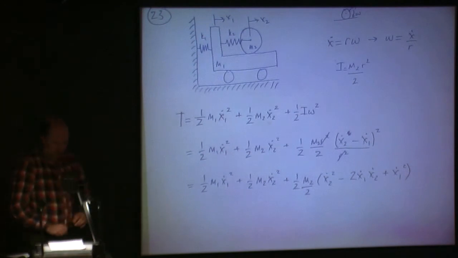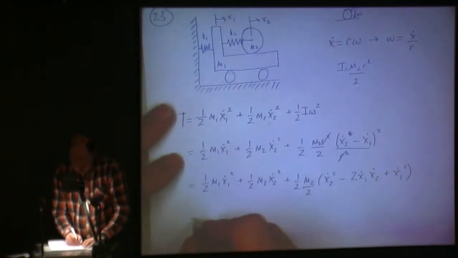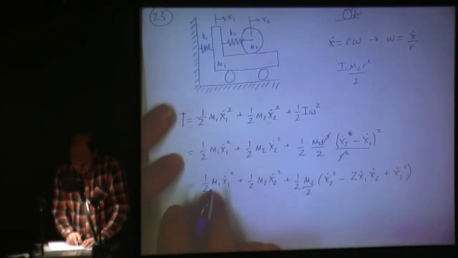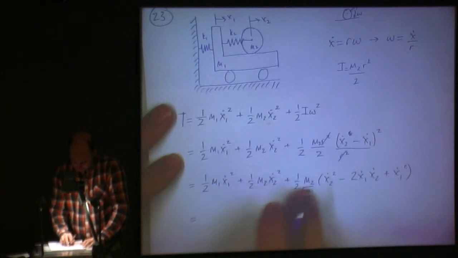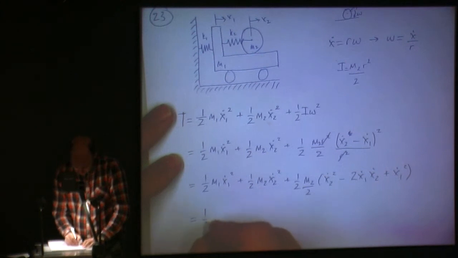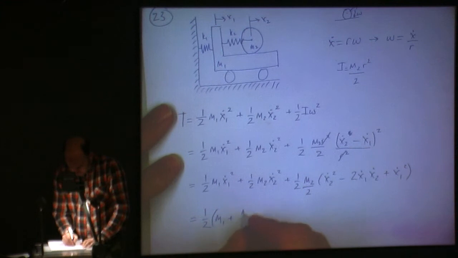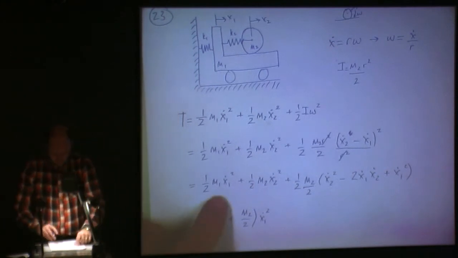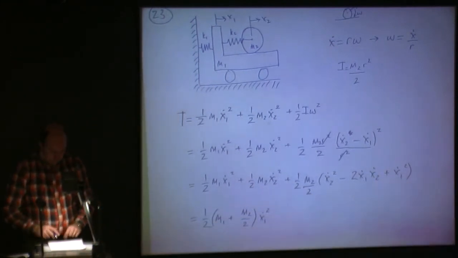And then I'm going to group the terms together. So over here, we've got 1/2 m1 x1 dot squared, and we've got 1/2 m2 divided by 2 times x1 dot squared. So I'm going to put 1/2 m1 plus m2 divided by 2 x1 dot squared. That's dealt with this term and this term.